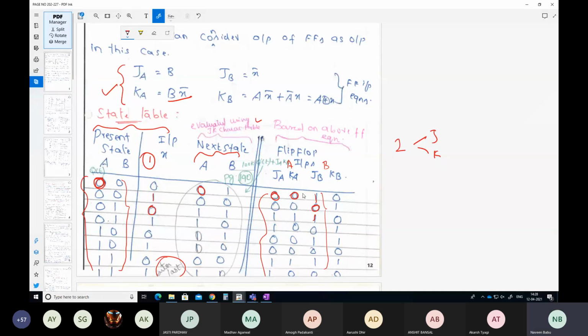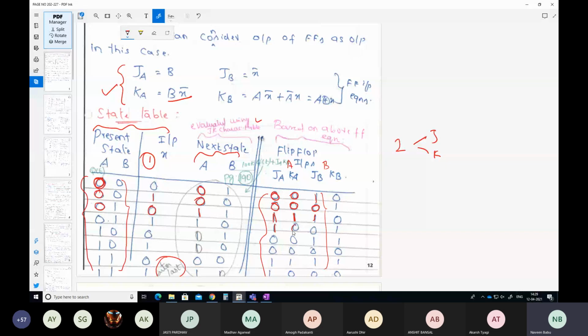Now let us come first to fill up the JA, KA columns. Again, when your present state is 0 and JK is 0, 0, there will be no change. When JK is 1, 1, look here, it is going to toggle. If your present state is 0, it will toggle to 1.